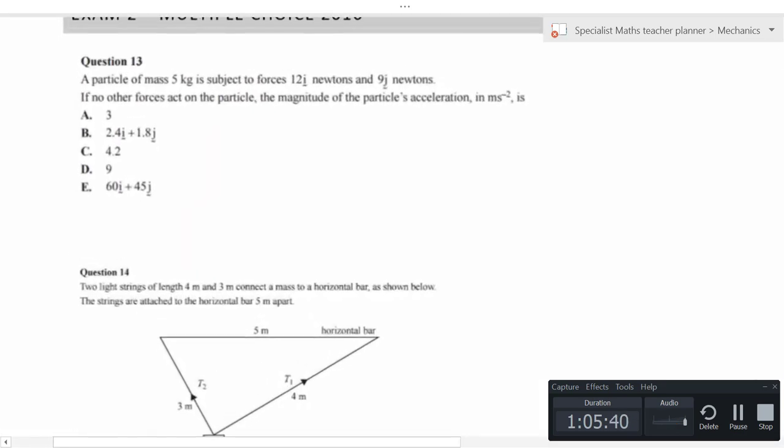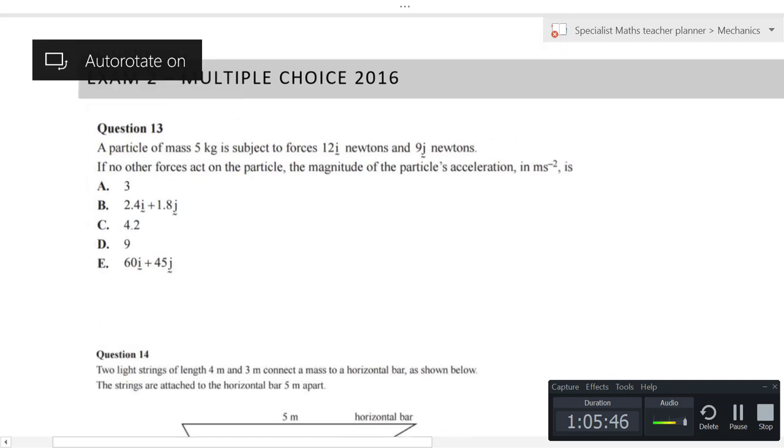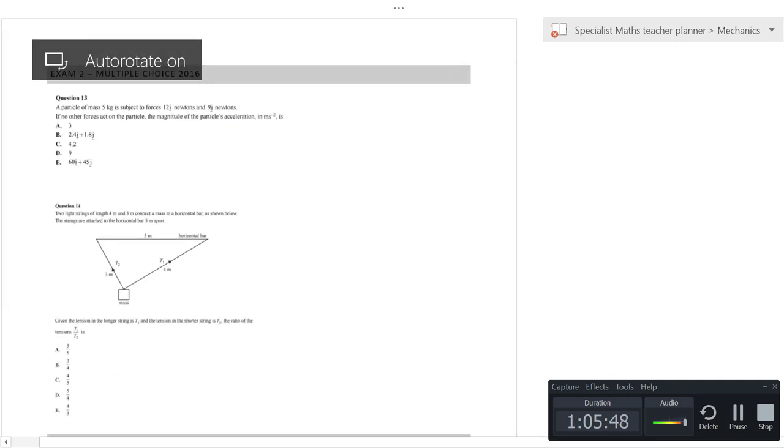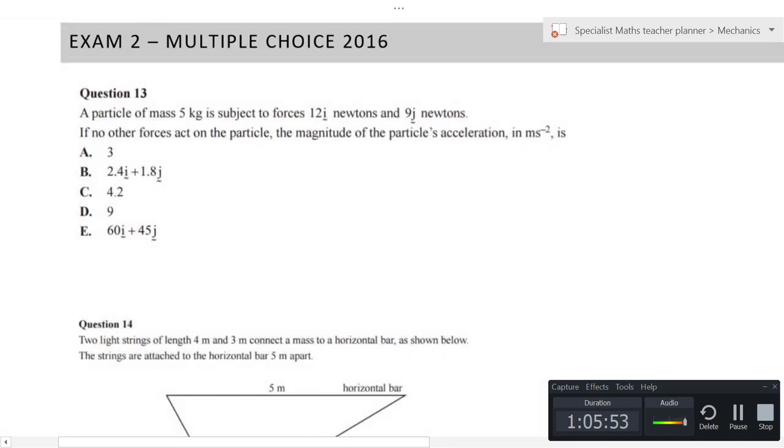Okay, you just quickly, these sort of questions here, particle of mass, force, and this. The reason why I don't spend too long on these questions is there's usually a multiple choice question, and you would have practiced it over and over again. A particle of mass 5 is subject to a force of 12i. So remember, force is equal to 12i plus 9j. But that's equal to ma.